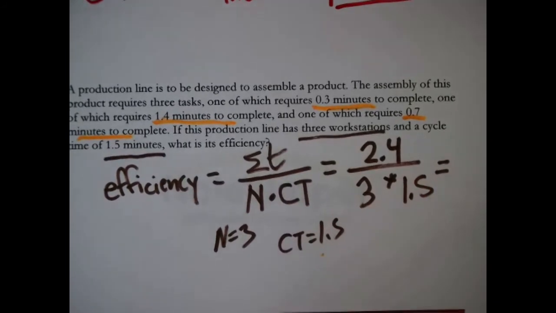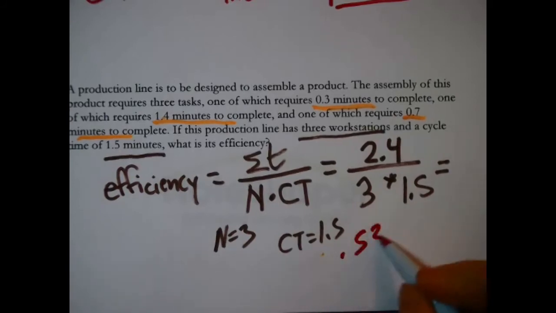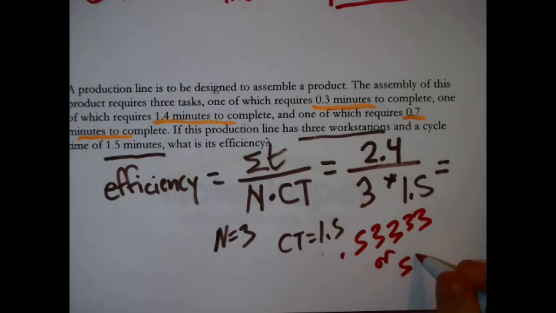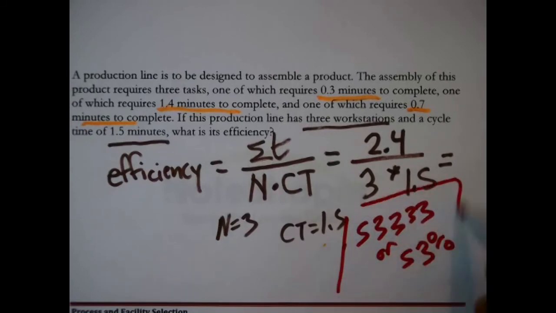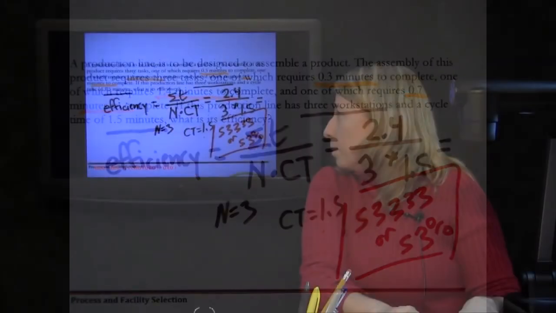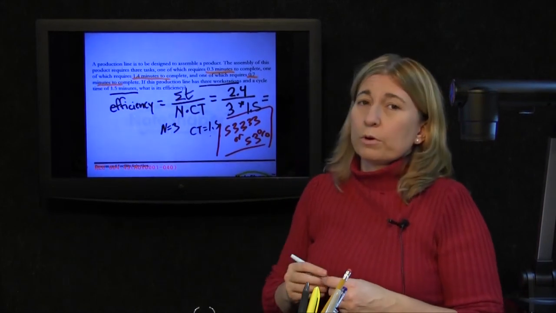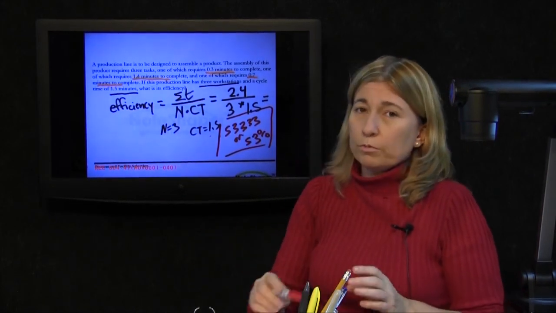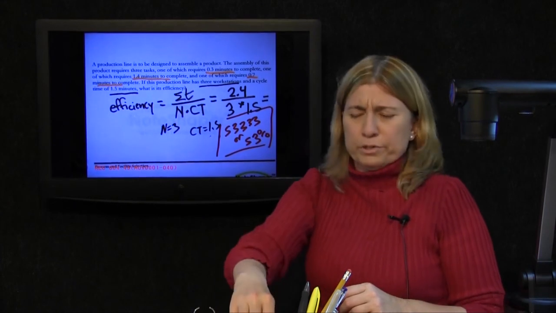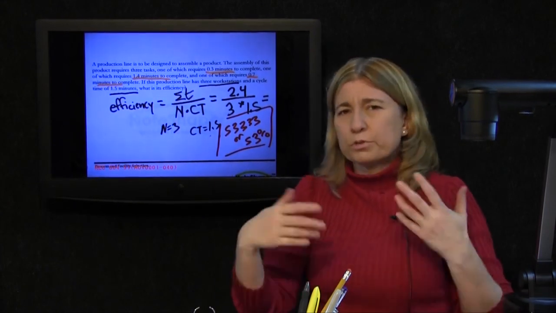So if you say 2.4 divided by 3 times 1.5, you get 0.5333 some odd, or basically, we like to talk about this as percentages, 53%. That's the answer to the question. If it had 3 workstations and you're running with a cycle time of 1.5 minutes, that particular line is 53% efficient.